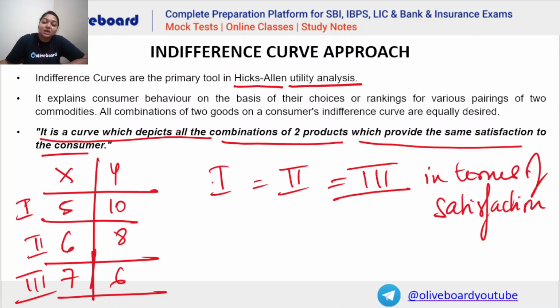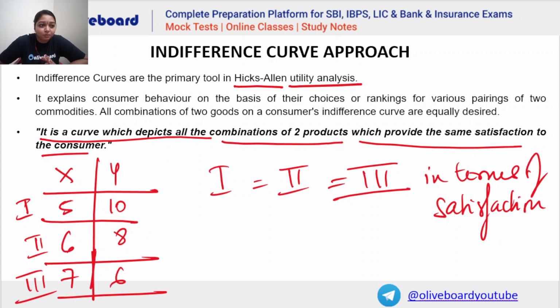That means the consumer is indifferent between bundle 1, bundle 2 and bundle 3. Being indifferent means it doesn't matter to him whether you give him bundle 1 or 2 or 3, because all the 3 bundles are going to provide him the same level of satisfaction. So he doesn't care.